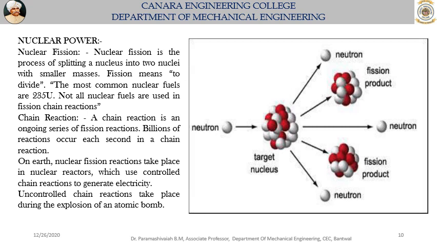So this chain continues. Millions of reactions take place within a short span of time, and it is very difficult to control this reaction. So there are some techniques through which we absorb these neutrons, thereby controlling this chain reaction.